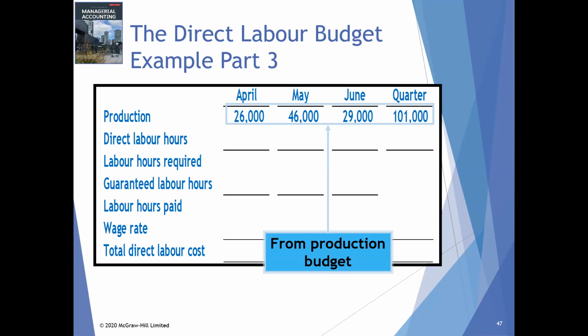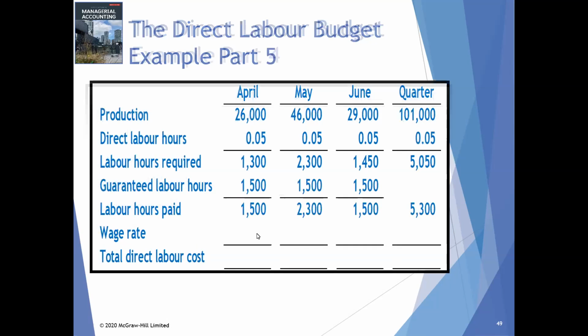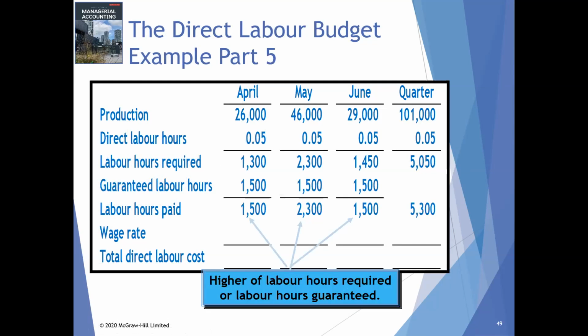If we multiply with 0.05, then we come to know the labor hours required. So this much labor hours are required in our factory, right, in the manufacturing process. But the guaranteed labor hours that is already given, that is 1,500. So you can see that there is some difference.